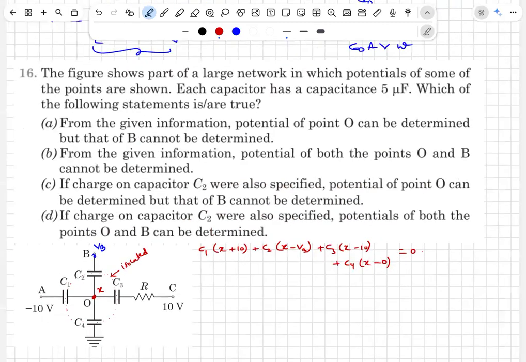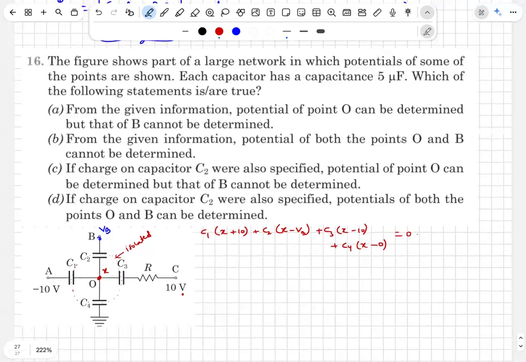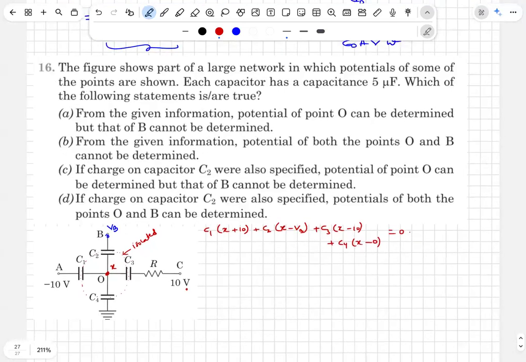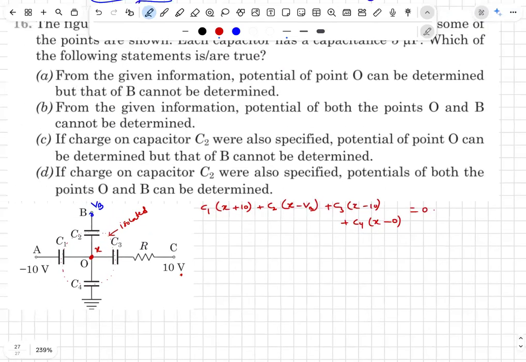Right. You may question me on one point: when I am writing this, is there any current? Honestly speaking, when you said 10 volts is the potential drop here, I am assuming a steady state.